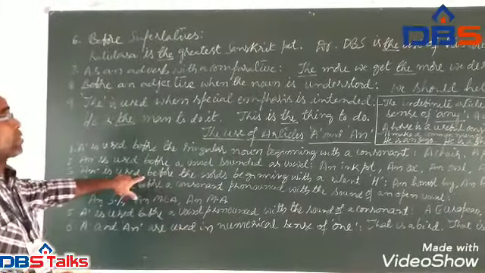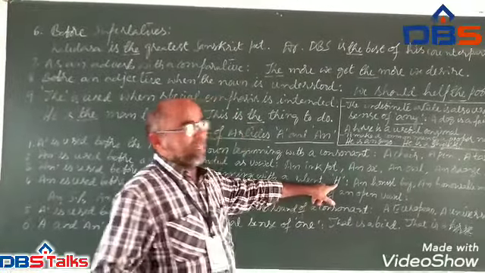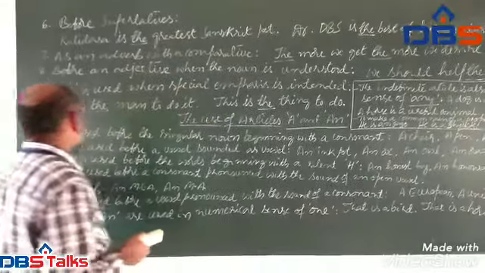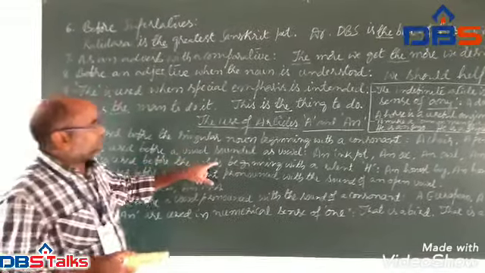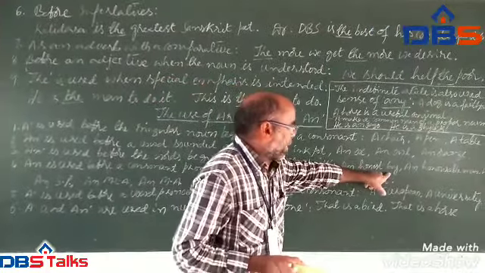An is used before words beginning with a silent H. Very important. I think many of you know about this silent H. An is used before the words beginning with a silent H. An honest boy.